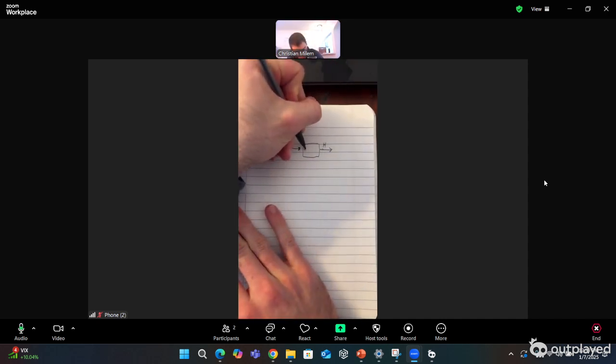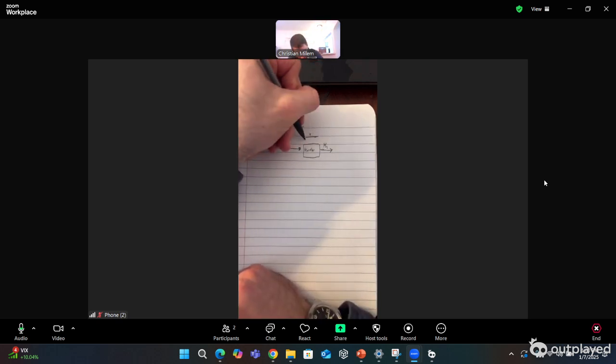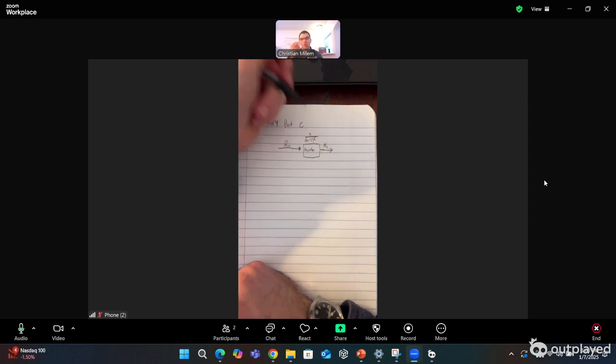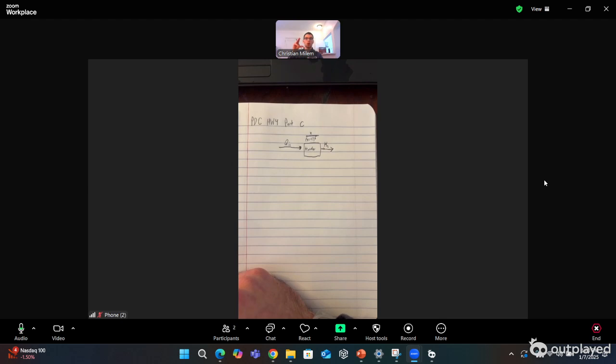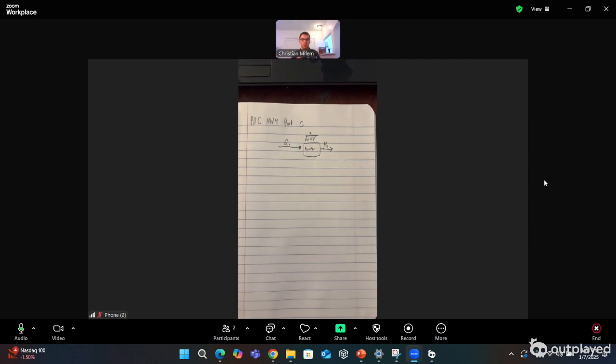We'll just call this our overall transfer function, and we'll have this be H3. If you look back at Part A, we found out what H3 was by using the transfer function, which was K over (tau S plus 1) to the third power. The way that we got that was by taking all those block diagrams and multiplying Qn by everything that followed afterwards until we got to H3.